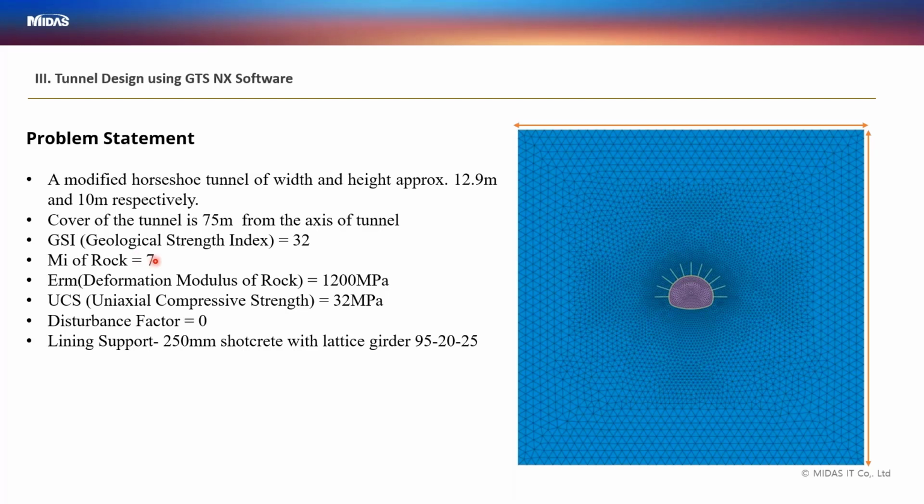The deformation modulus of the rock is 1200 MPa. The UCS value is 32 and the disturbance factor we are considering is 0. We are also providing lining support of 250 mm shotcrete with a lattice girder 95, 20, 25. We will discuss it later. What is the meaning of this 95, 20, and 25?